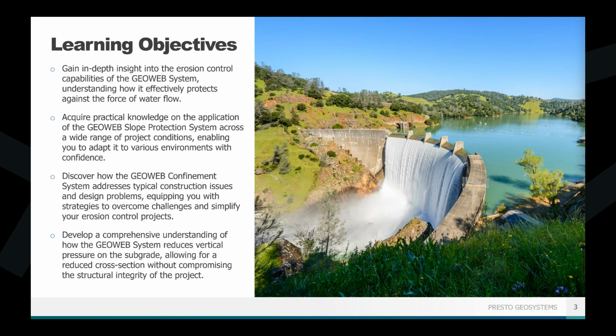We're also going to talk about how geocells can accommodate some typical construction issues and design challenges, and how the GEOWEB system can help in these types of niche applications where you know that you're going to have hydraulic flow, potential overtopping of dams, and where you're allowed to have a reduced vertical pressure on your subgrade, allowing for that reduced cross section if you are going to be driving vehicles over these types of systems. So lots of different things that we're covering, all handled by the GEOWEB system.